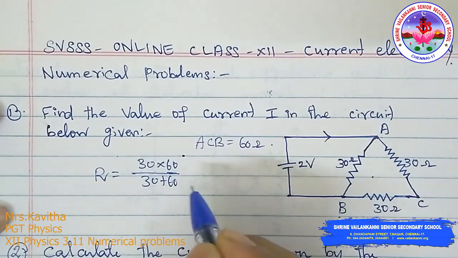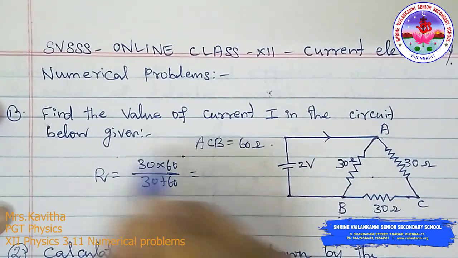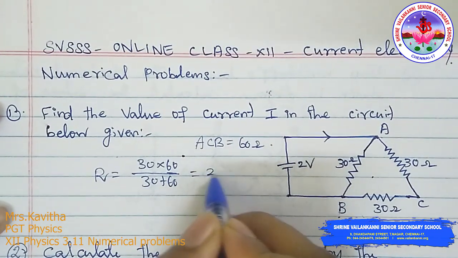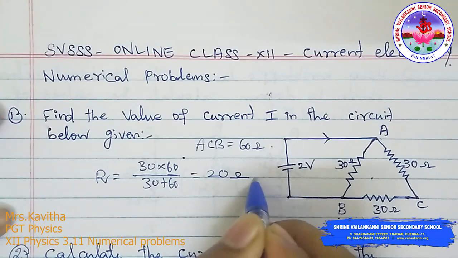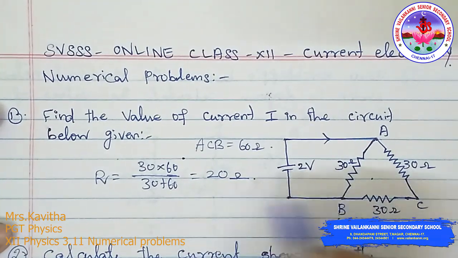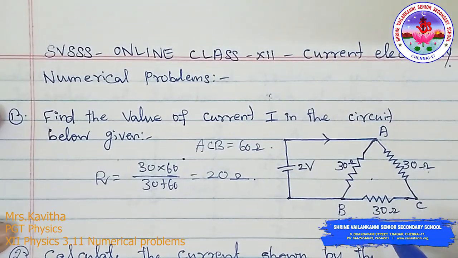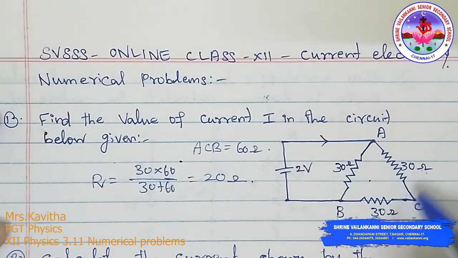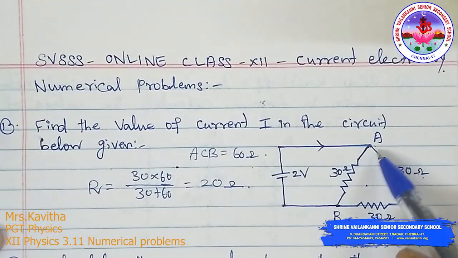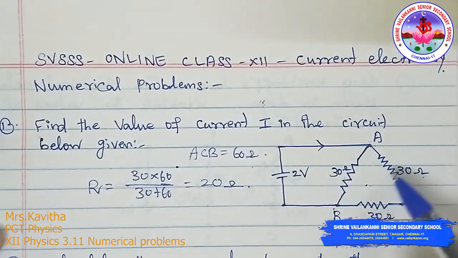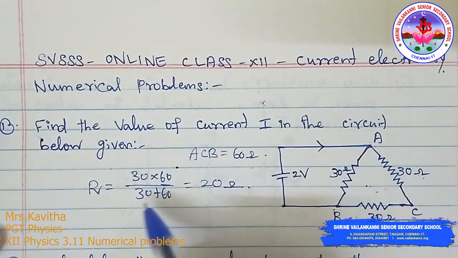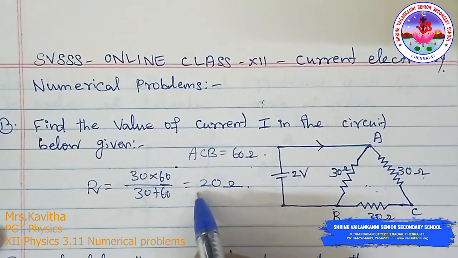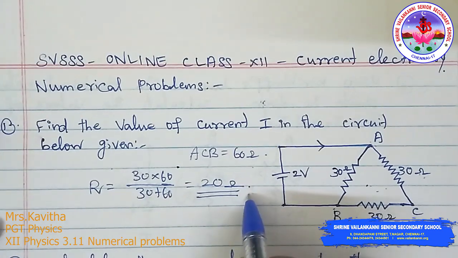When you solve this mathematically, you will get 20 ohm resistance. These 2 are in series, so directly we have connected. So 30 plus 30, 60 we got it. These 2 legs, AB and the other leg, are in parallel. So the parallel resistance we can get finally, R is equal to 20 ohm.